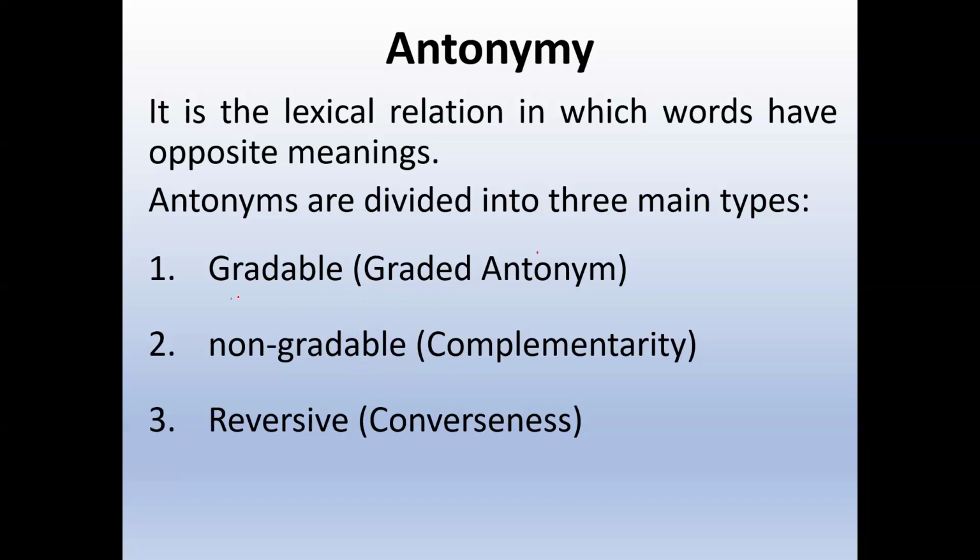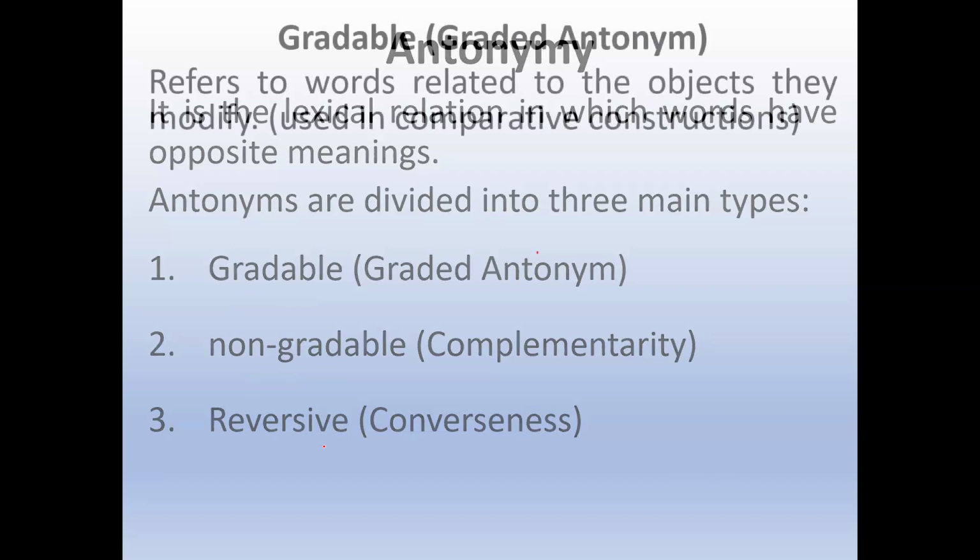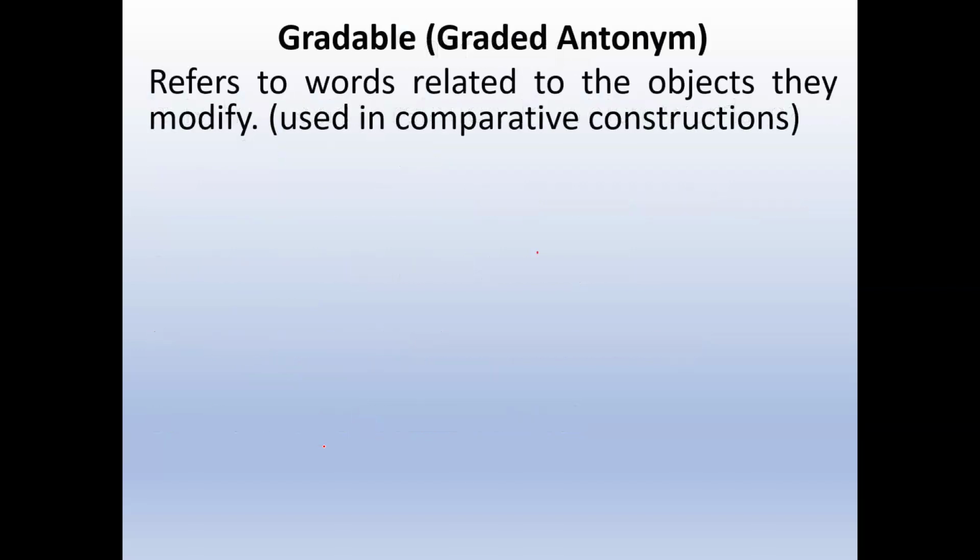Okay, just roughly get the idea now. Later on, you can remember these other terms as well. But gradable, non-gradable, and reversive are the three main categories of antonyms, right? So we need to look at these three one by one, starting with the gradable antonyms. Gradable, or we call them graded, right?